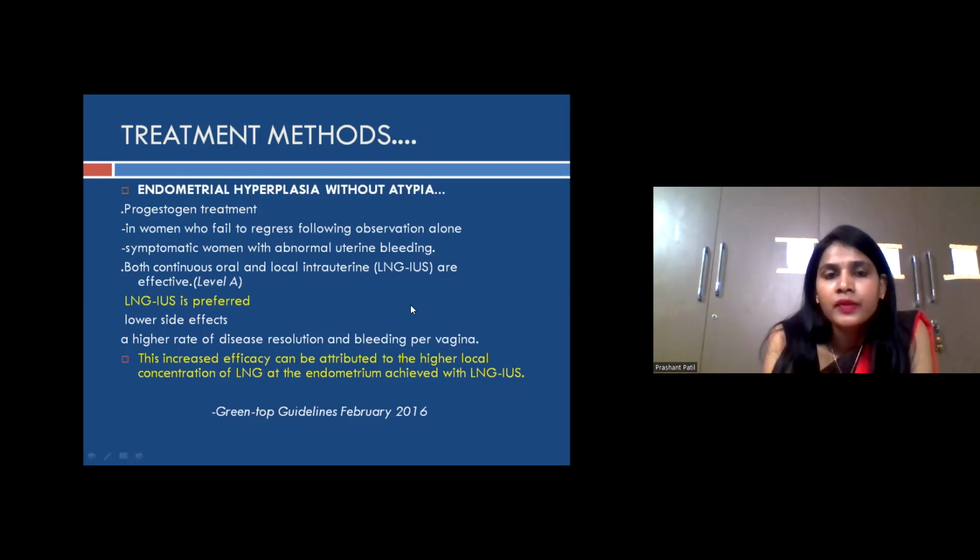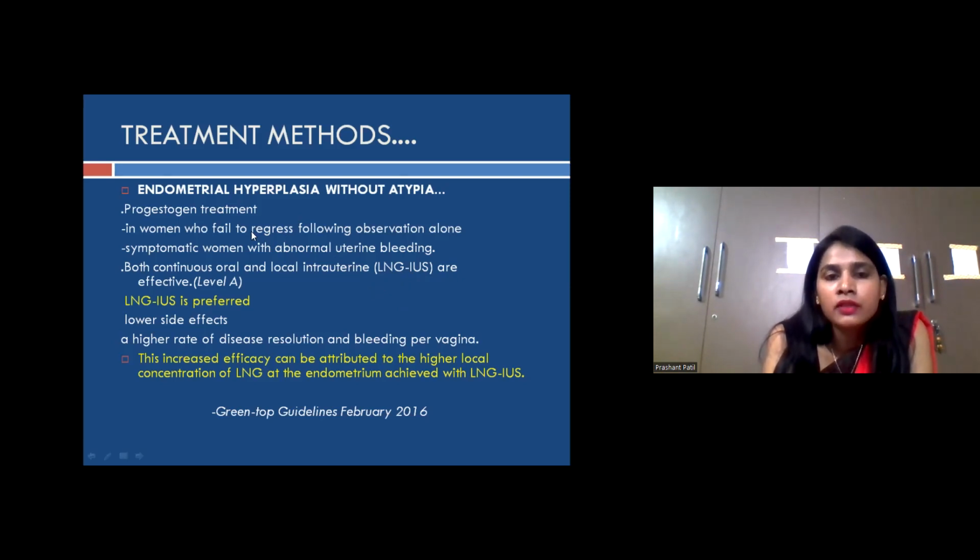So there are oral progesterones and also a local device, that is LNG IUS we call, the levonorgestrel intrauterine system. This is an intrauterine device, just like a copper T, but it is a hormone containing device. The progesterone here is levonorgestrel, which will be inserted in the uterus.